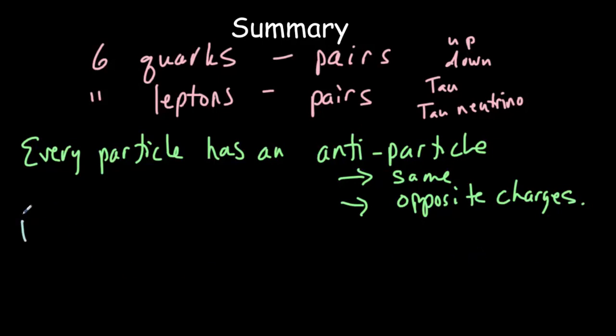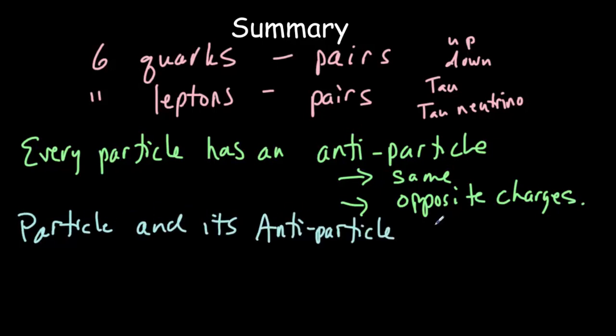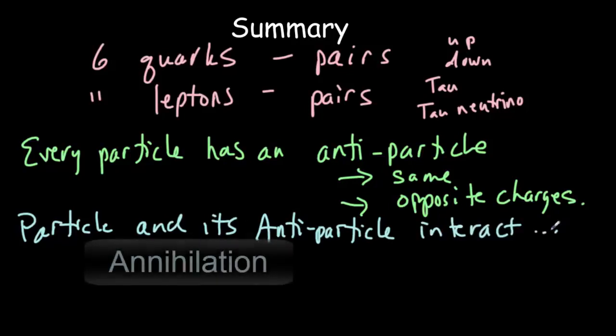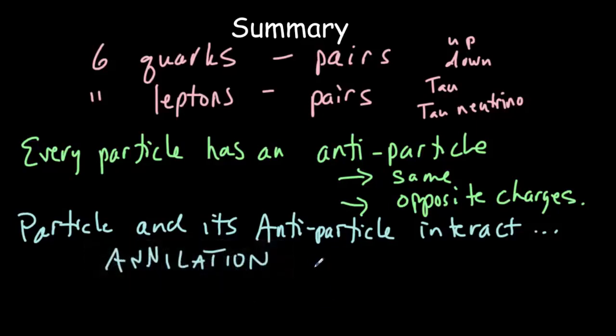We also said that when a particle and its antiparticle interact, you get annihilation. The mass is annihilated and becomes pure energy or electromagnetic radiation.